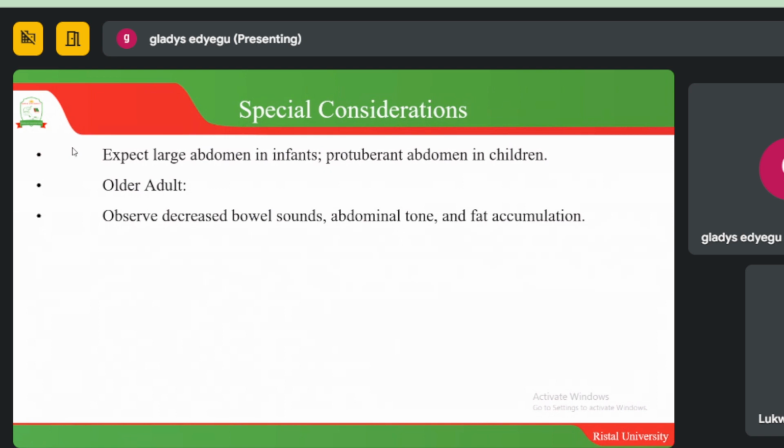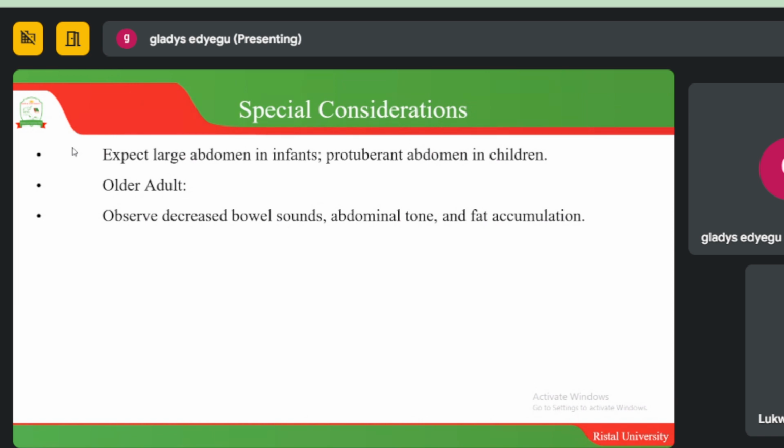Abdominal tone is also very important for you to listen to. Then also fat accumulation. Some people have so much fat that even when you try to percuss, the sound does not come out very clearly. Even the bowel sounds do not come out very clearly. So patients who come with a lot of fat, increased abdominal fat, their bowel sounds may be a bit decreased compared to a patient who has little fat.